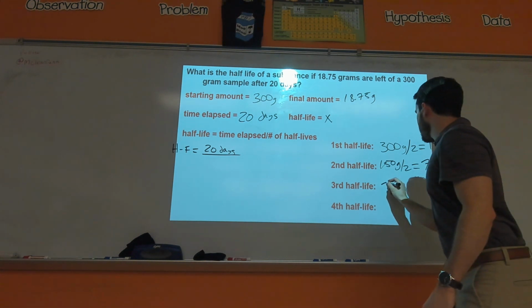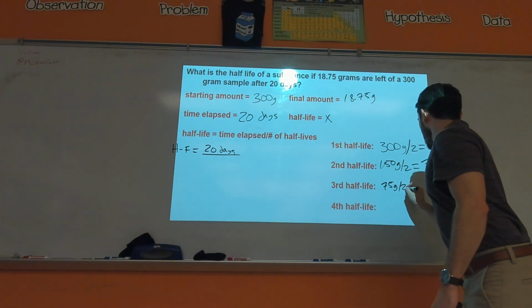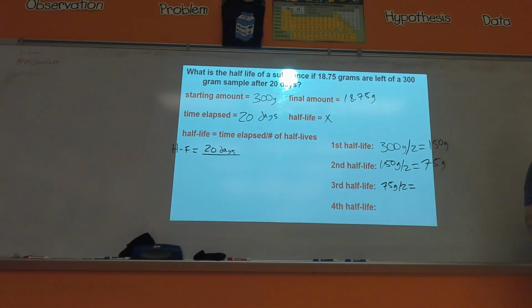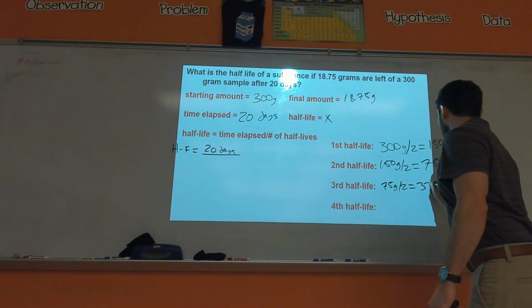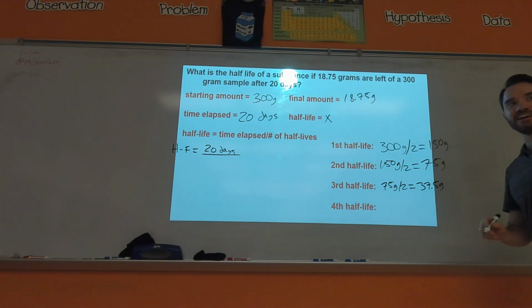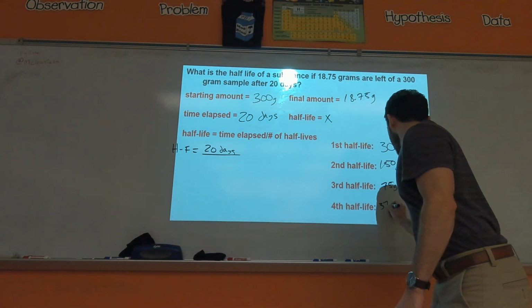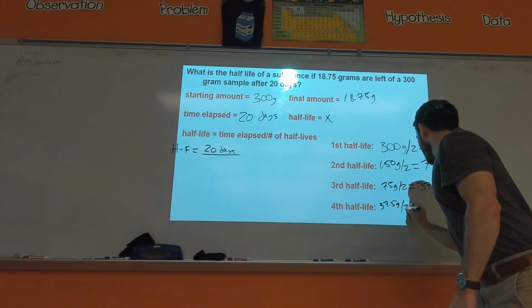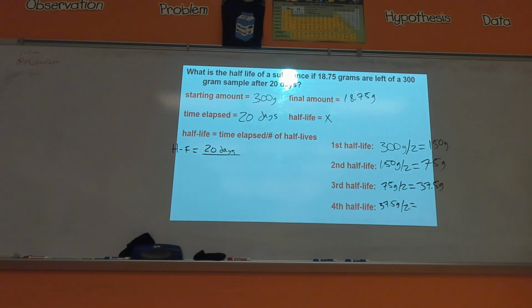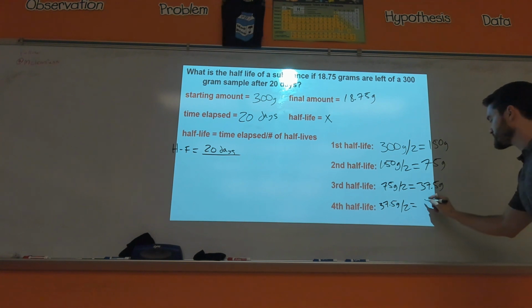At the end of 3 half-lives, how much will we have? 37.5. Okay, closer, but still not there. If you do a 4th half-life, you would have your final amount, the 18.75 grams.